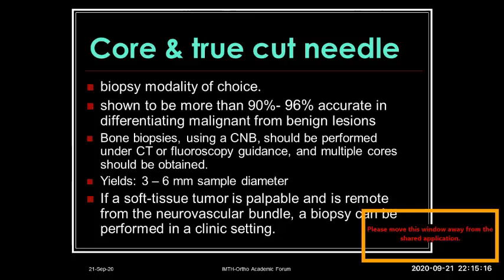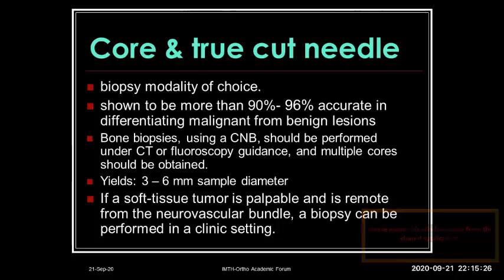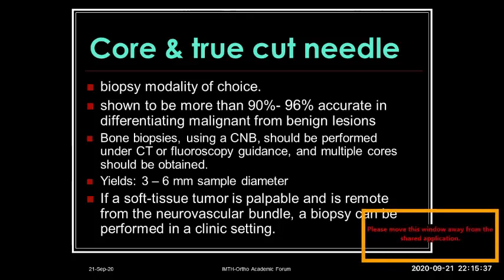Actually, we will not be happy unless we take about 3 to 6 good cores of biopsy, because we don't want any problem of inadequate tissue, as some histopathologists could give a comment that he cannot reach the diagnosis because the tissue you sent him is inadequate or not representative.